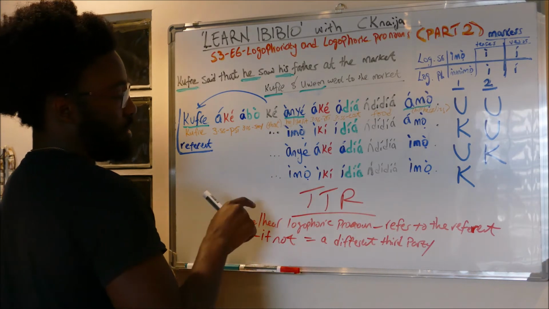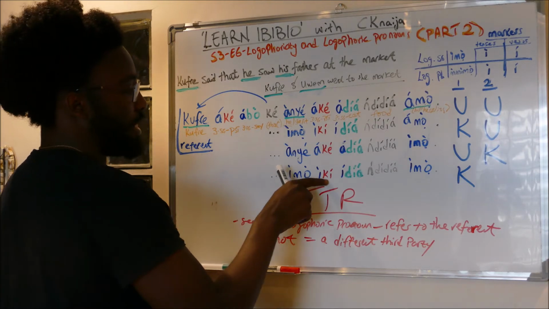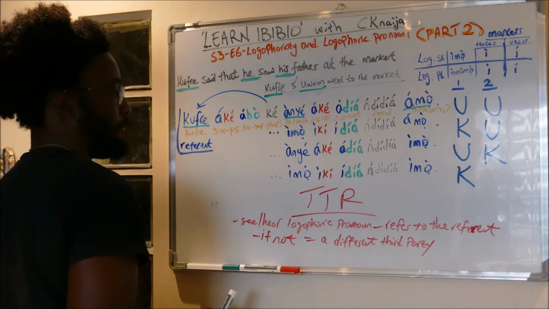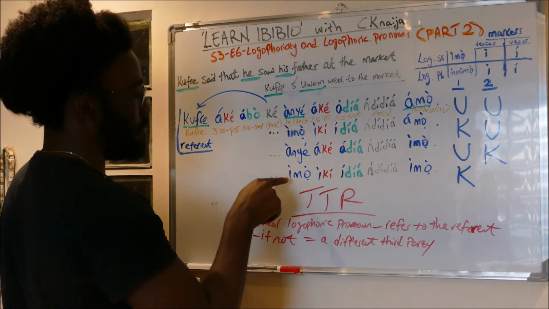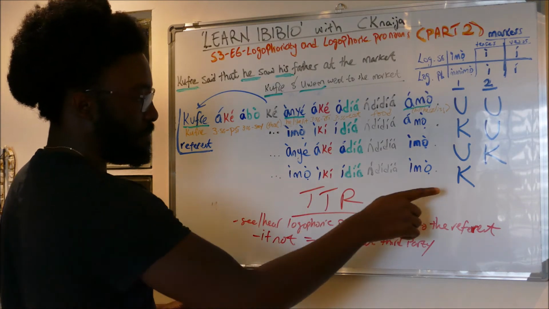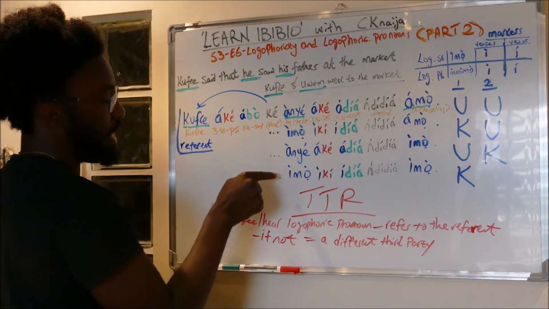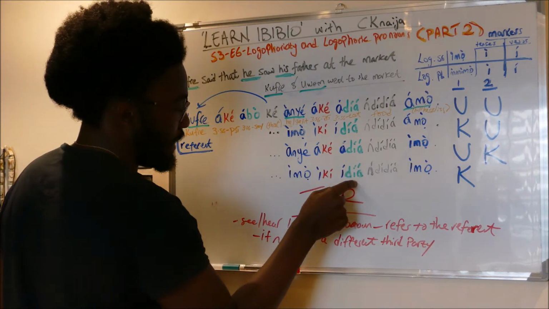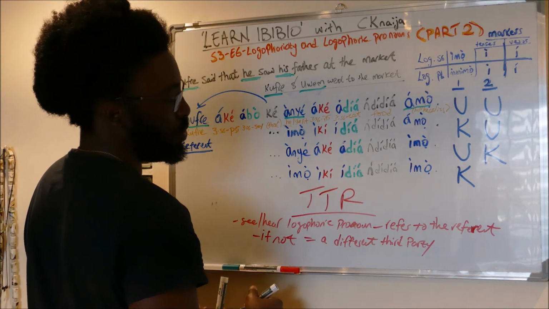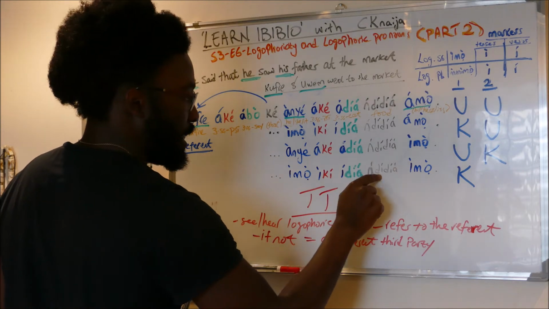So in this example, let's continue. Imo iki dia. Okay, imo. We refer back to the referent, which is Kufre. Iki dia. So Kufre is saying that he was the one that ate whose food? Ndidia imo.